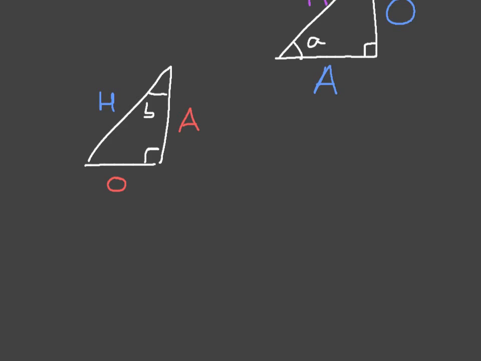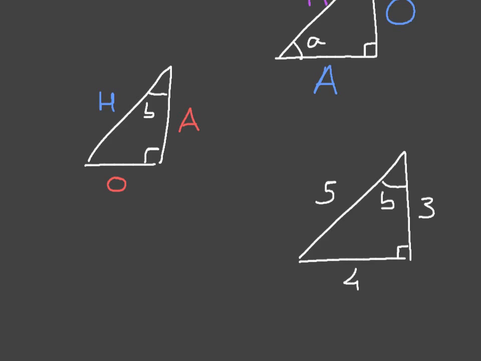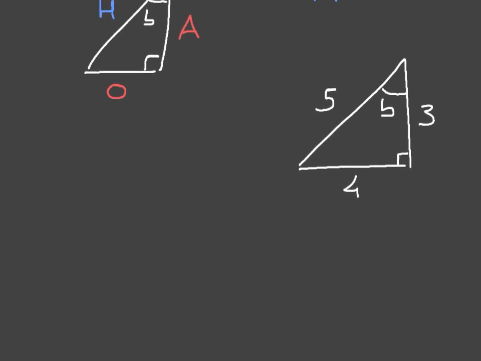So, for example, again, if I take the same right angle triangle as we had earlier on, with sides 3, 4, and 5, and we consider this angle B, then sine of B would be equal to opposite over hypotenuse, and the opposite to B is 4.